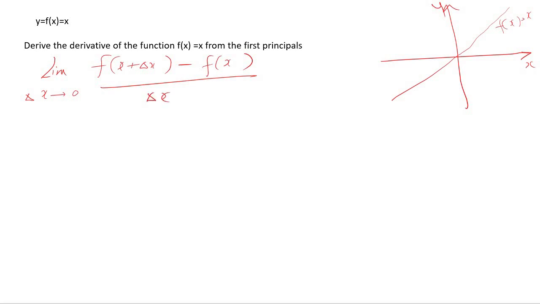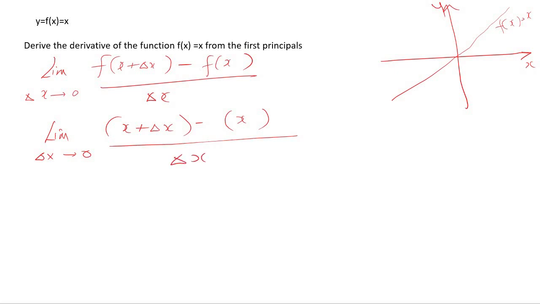We know f(x) is x. So we substitute: the limit as delta x tends to 0 of (x + delta x) minus x, divided by delta x. We see that x and x cancel because one is positive and one is negative.